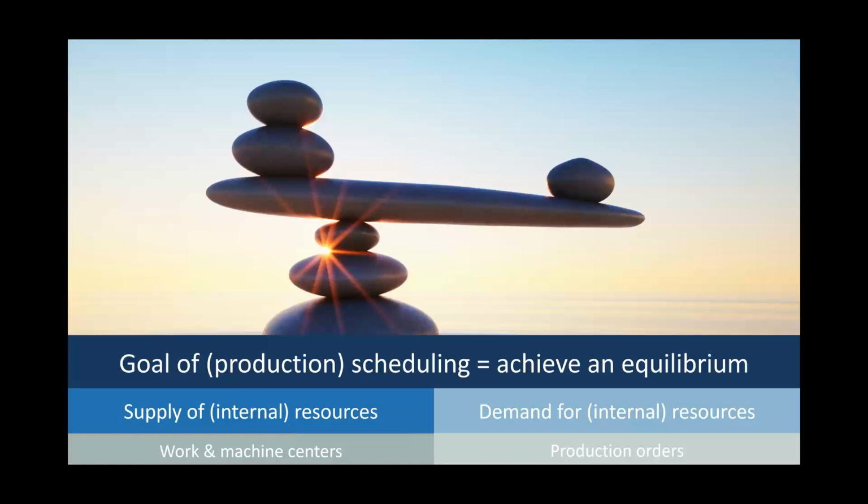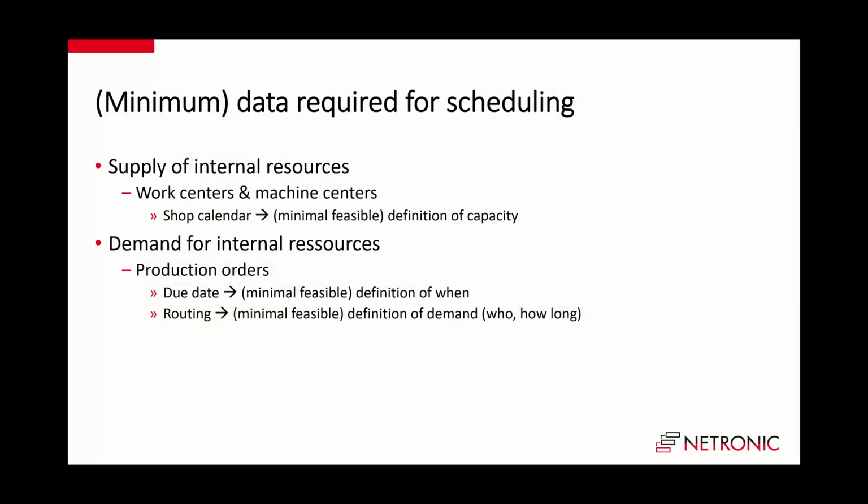So if you want to get going with production scheduling in Business Central, and if you really take care of just minimal data, then set up work and machine centers with at least one shop calendar. Because the shop calendar in Business Central is the minimal feasible definition of capacity. And then set up production orders.